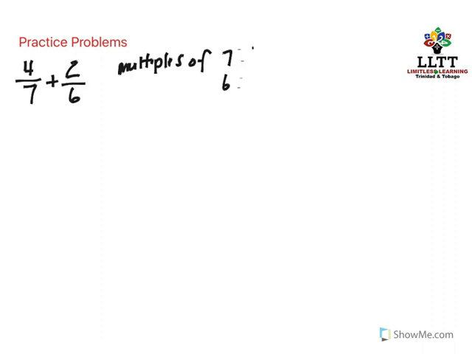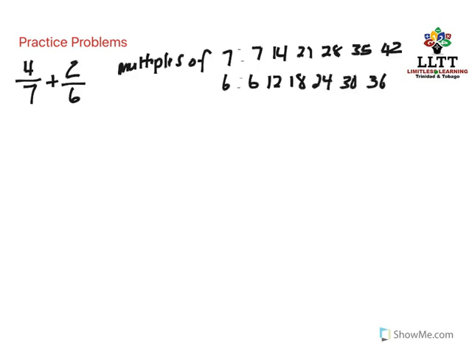So my multiples of 7 will be 7, 14, 21, 28, 35, 42. And for 6, multiples of 6: 6, 12, 18, 24, 30, 36, 42. So the smallest number that's in common between both of them is 42. So my LCM is going to be equal to 42.